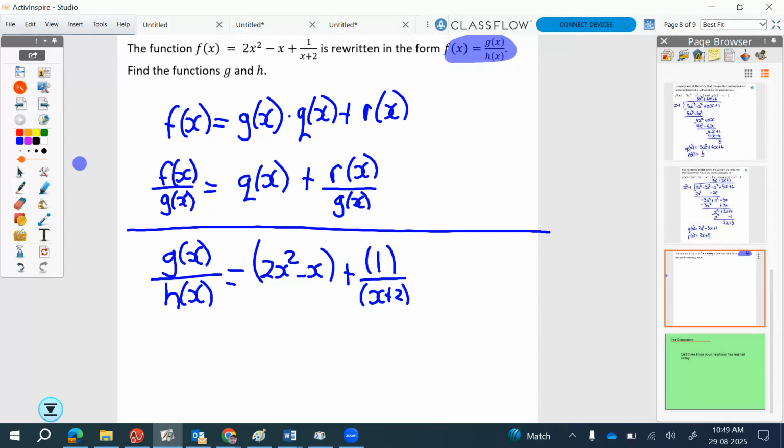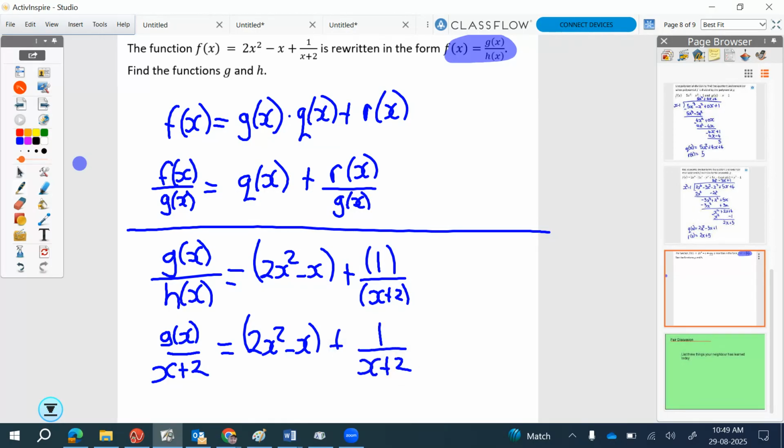One. What was the divisor? x plus 2. So this term has an x plus 2, and then a g of x on top, is equal to 2x squared minus x, bracket, plus 1 over x plus 2. Like this, isn't it?